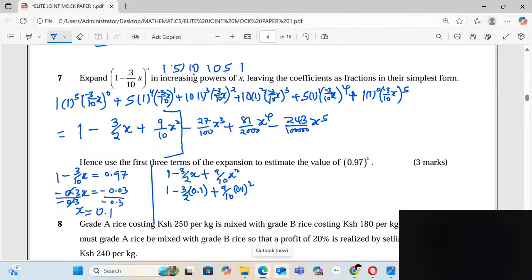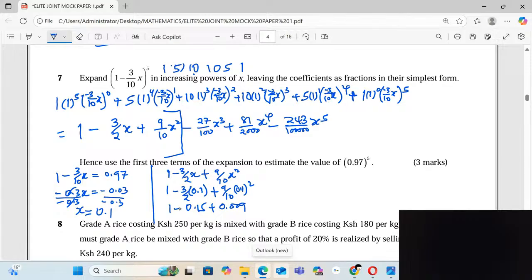So when you simplify that, you're going to get 1 minus 0.15, plus 0.009.